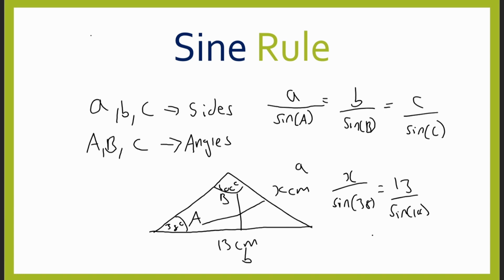You're just going to cross multiply, get yourself 13 sine 38 over sine of 100. You're going to be using a calculator for this question, unless of course it's a non-calculator paper. For a non-calculator paper, which we'll look at after the cosine rule, you're going to be using the trig values, which you have to know and memorize. So here you're going to get 8.1 to 1 dp.